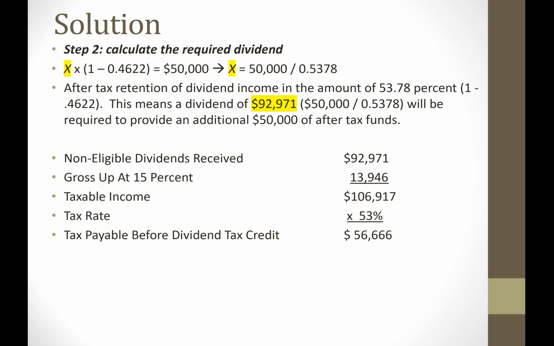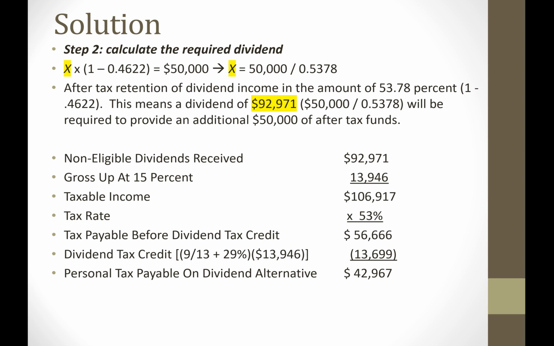Now, for the dividend tax credit, 9/13 federal, 29% provincial, add those two together and multiply by the gross up of $13,946, and that's going to give him a dividend tax credit of $13,699.